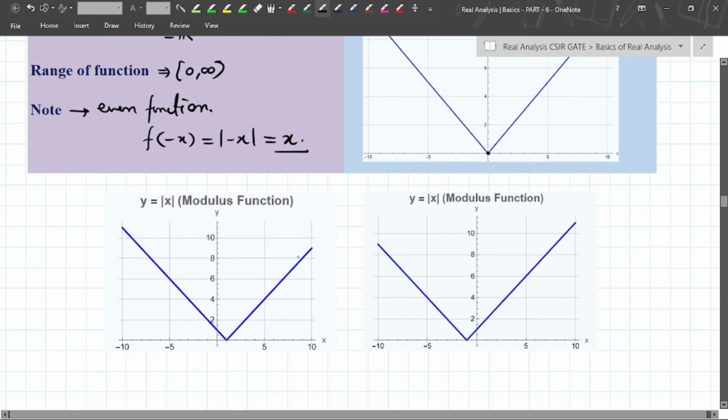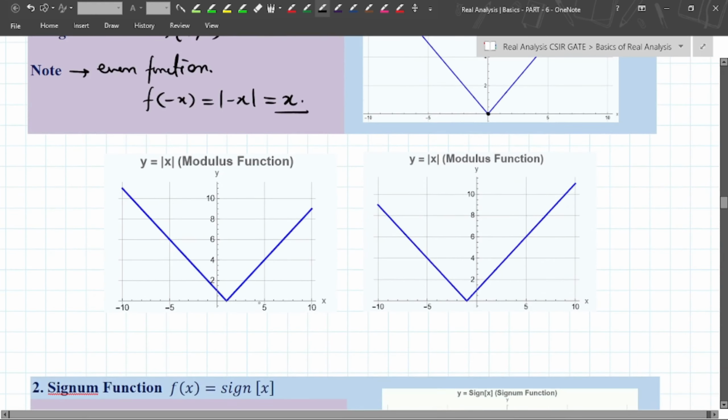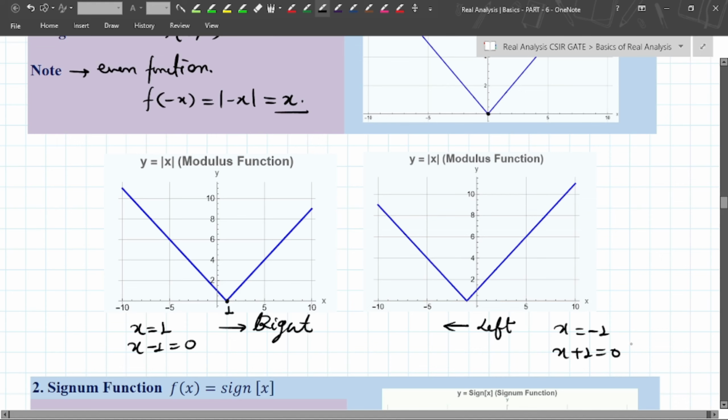These are functions where one is shifting toward the right and this one is shifting toward the left. Here x minus 1 equals 0 means x equals 1, and here x equals minus 1, then x plus 1 equals 0.